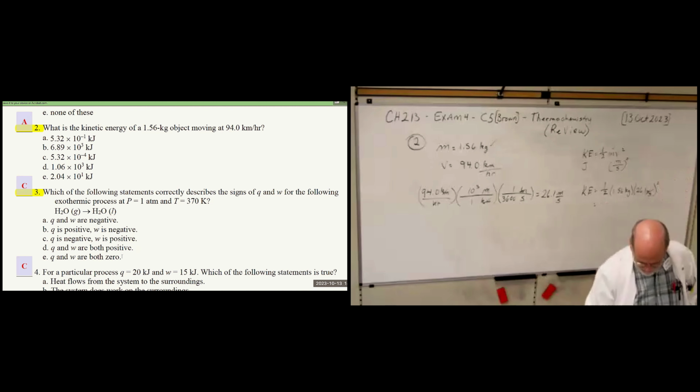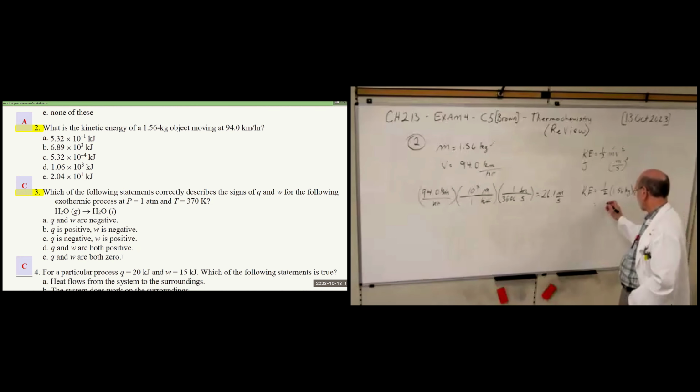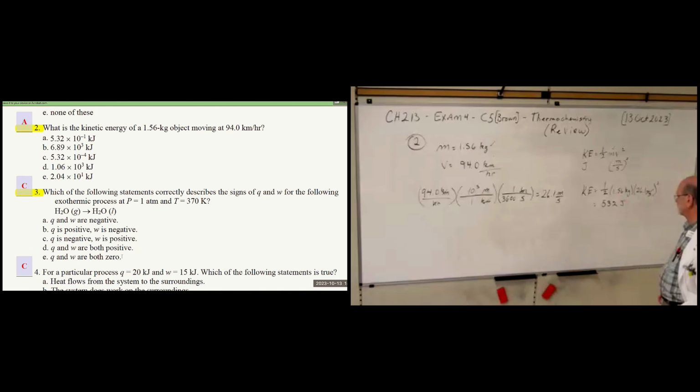I've already got this in here, so I'm just going to square it, then times 1.56 and divided by 2. So I get, let's see, 3 significant figures, rounded off, I get 532 joules.